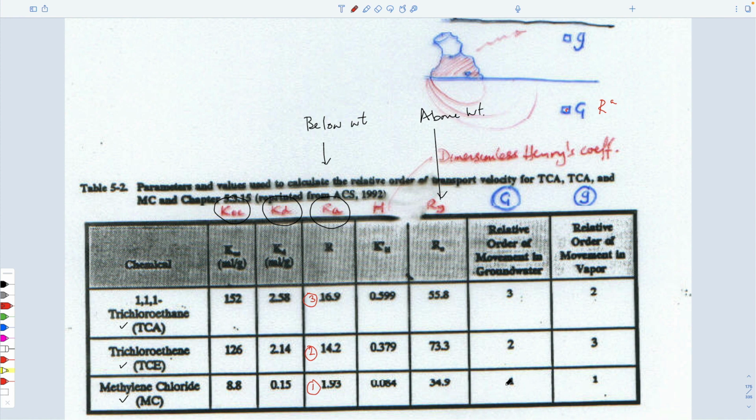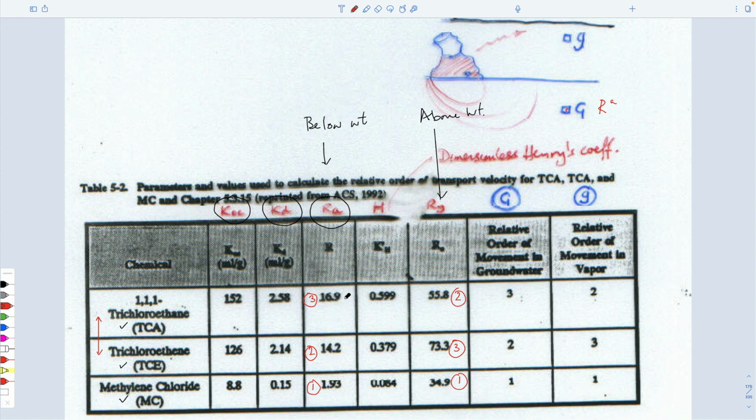If you look at the arrival times in the vadose zone, then this would be the first arrival, but then this would be the second arrival, and this would be the third arrival. So the arrival times of these two are actually switched merely on account of the fact that their retardation coefficients occur in a switched order. And this would tell you something about the timing of those arrivals.